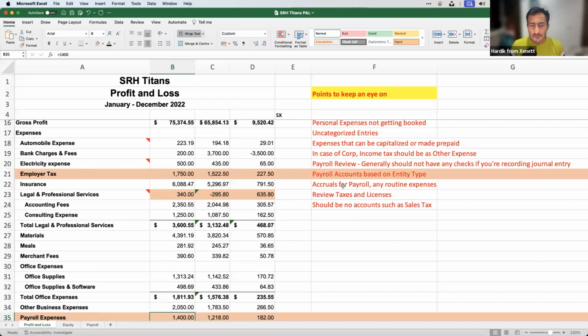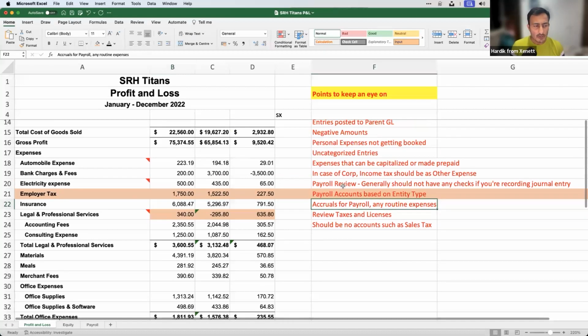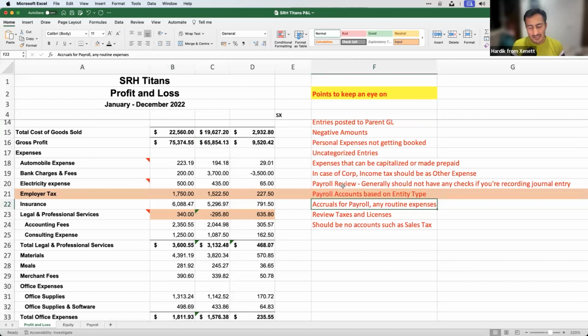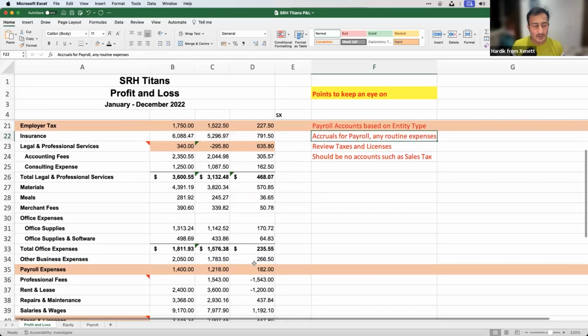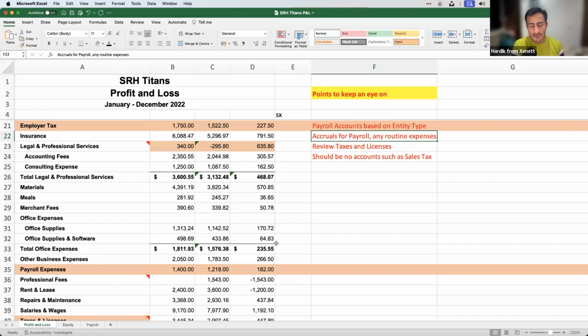Then what we also do, especially with the payroll accruals, I mean, this can also be taken care of when we are reviewing balance sheet accounts, but if the payroll is off, we also make sure that proper accruals have been made so that it looks consistent with the previous year or previous month, right?